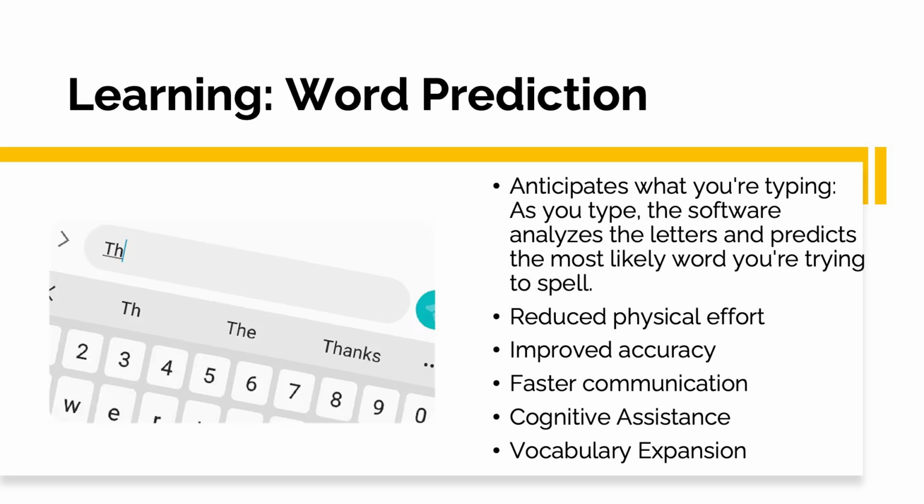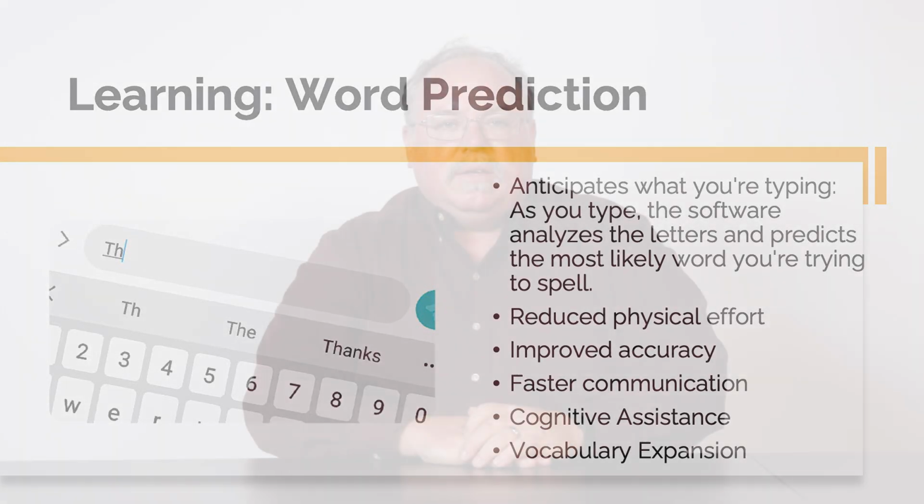For example, if someone was trying to spell out the word thanks and they started typing T, H, A, the device will try to predict the next word, and when they see the word on a list of possibilities, they can then click on the word that they want, and the device will input the entire word without the individual having to complete the word.